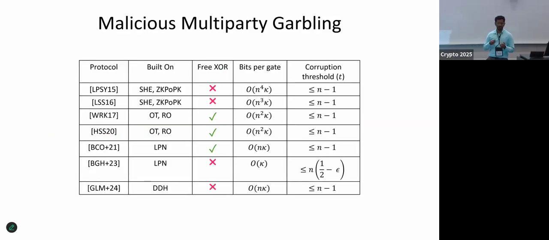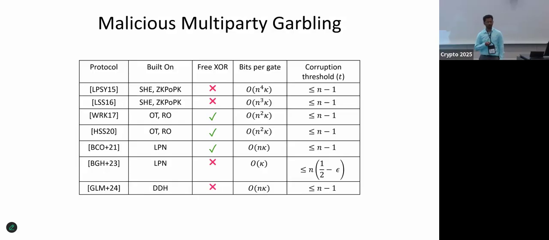Then there is this line of work in the malicious security setting. The initial works had quartic and cubic overhead. Then there was the work by Wang et al. and Hazay et al. that constructed a concretely efficient multi-party garbling scheme, assuming random oracle and oblivious transfer, but the communication cost was order n squared kappa per gate. Then recently, there have been works assuming LPN and DDH, where the communication cost per gate is order n kappa and order kappa.